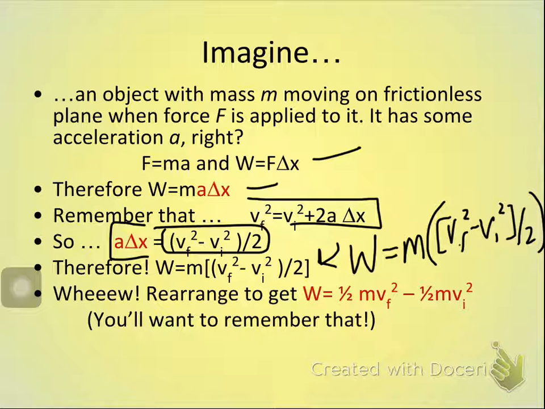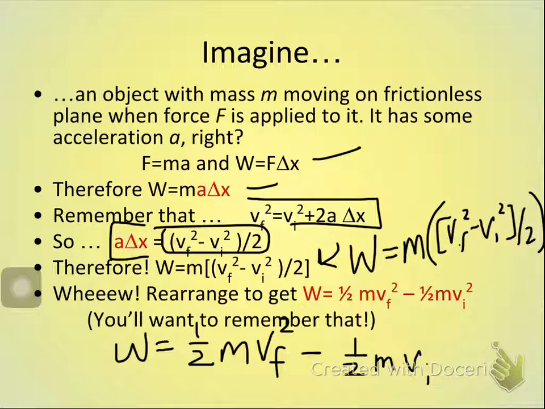We can take that divided by 2 and distribute a 1/2. We get work equals 1/2 mvf squared minus 1/2 mvi squared. Are you starting to see anything that looks familiar from what we just talked about with kinetic energy?